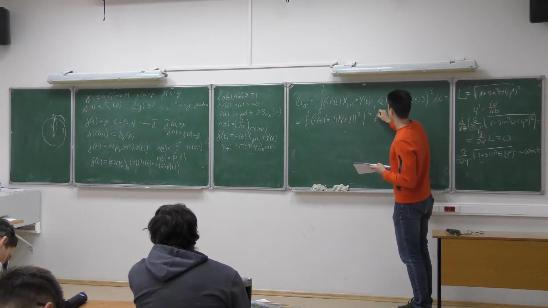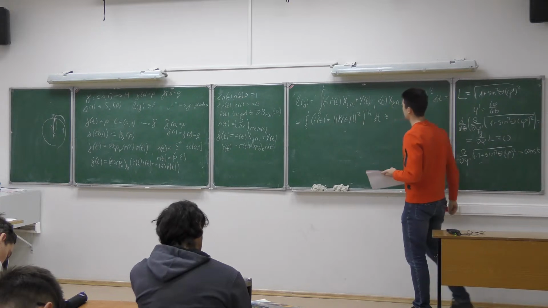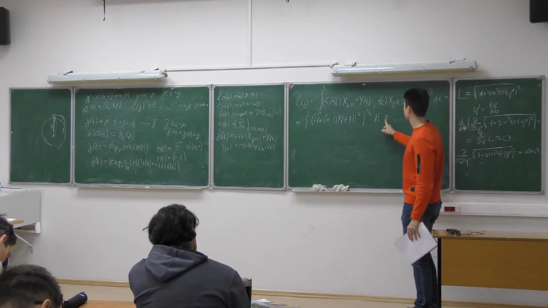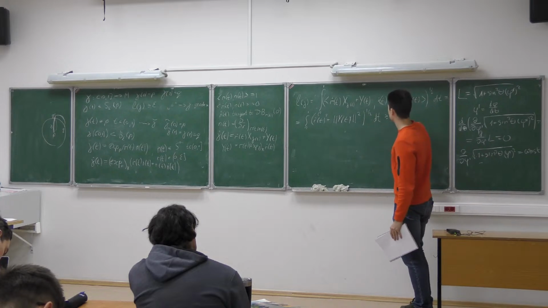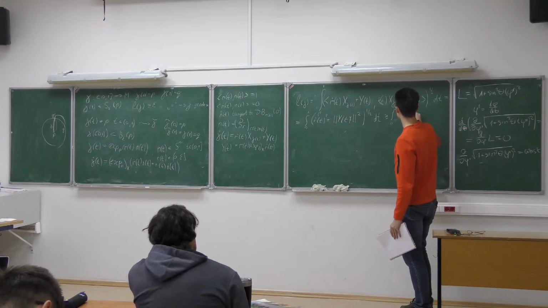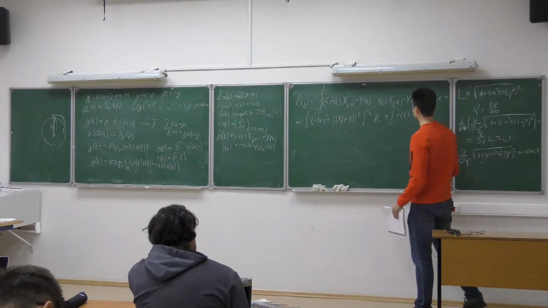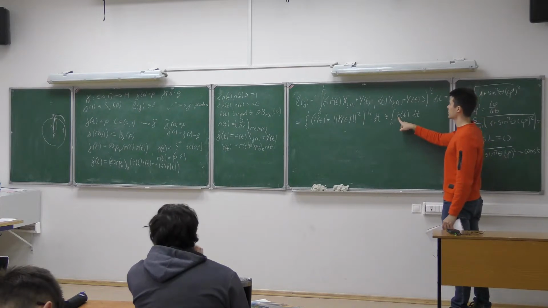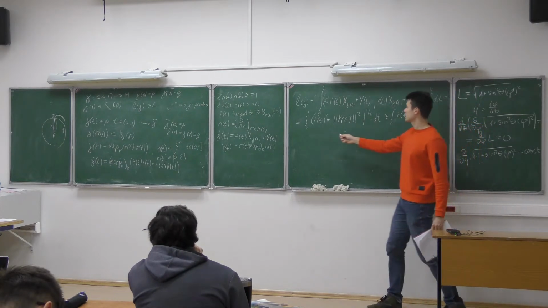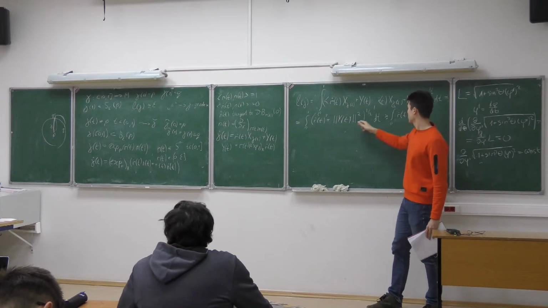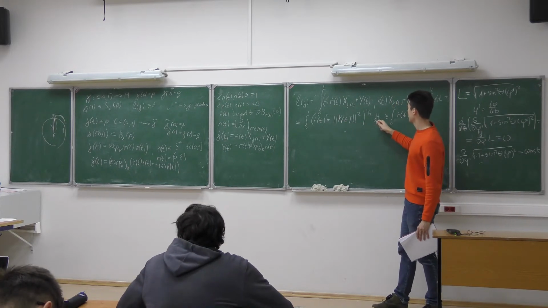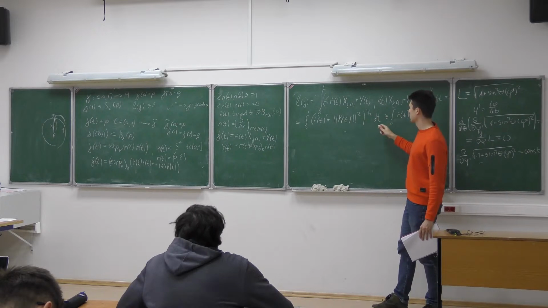And then we can say that this is obviously more or equal than the integral over the derivative of r(t), because actually if this is not 0, then this will be more or equal.